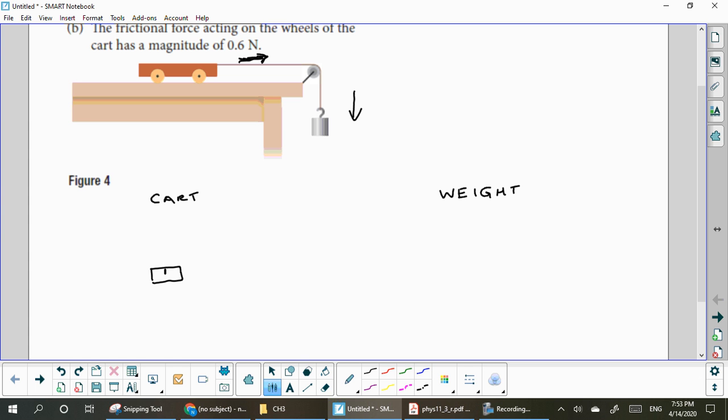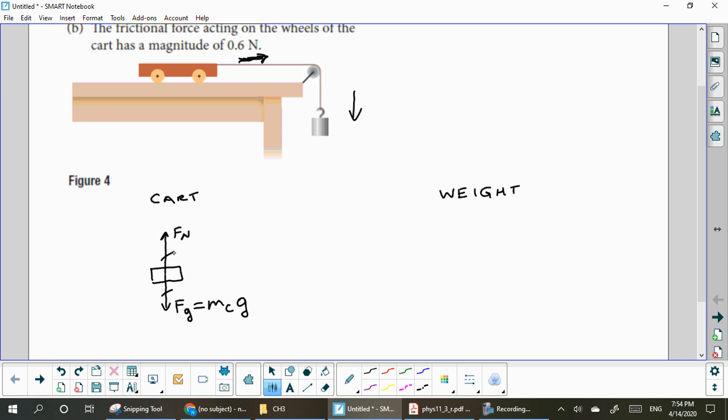There are a few forces acting. I have the normal force, and I have the Fg, which is the mass of the cart times the acceleration due to gravity. It's not really going to come into play with the cart, but I'll write it out. So these two cancel each other out.